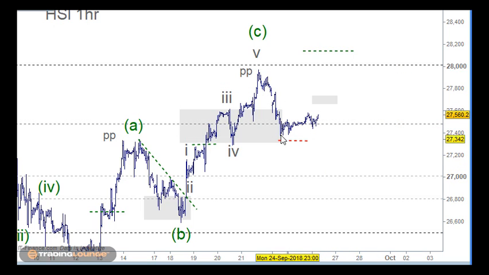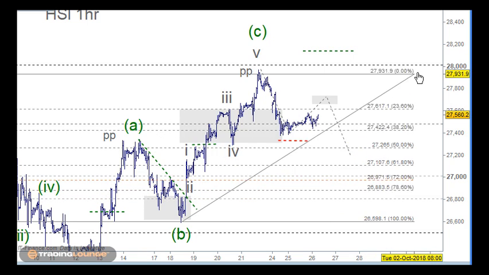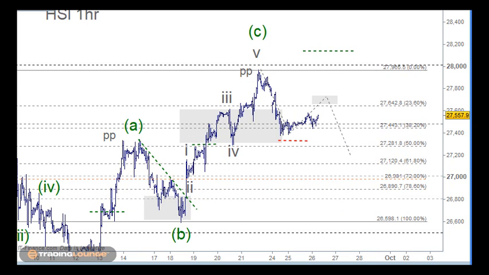So I think this is a corrective pullback, but we may end up just getting something like an A wave here, B wave here, C wave here, and this here coming down from this low here to this high here. I'm saying this because there's a variety of counts that can come into play here, but that would be the 61.8% that it can come back to here and then move up there. So it's either going to move straight up from here or do this and then up from this point here.